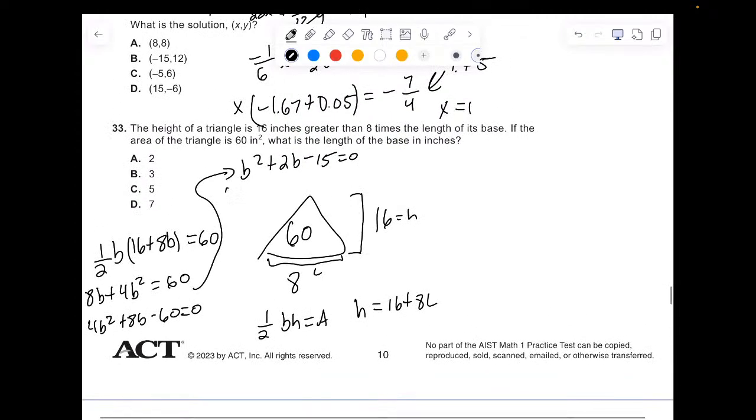And so b is plus 5. There we go. And we have our answer, because this is the only positive b value.